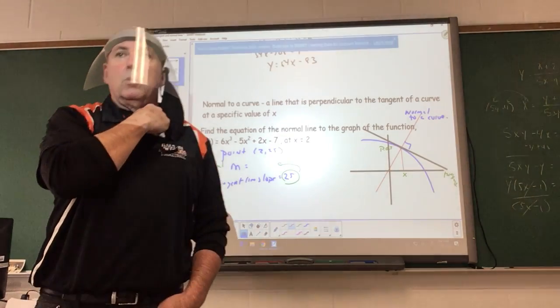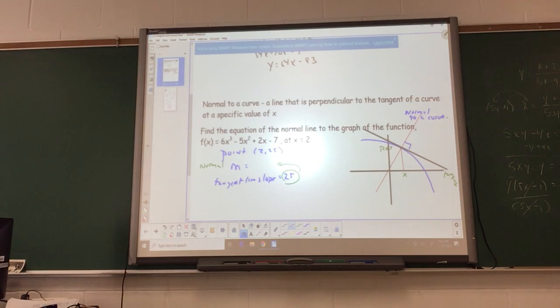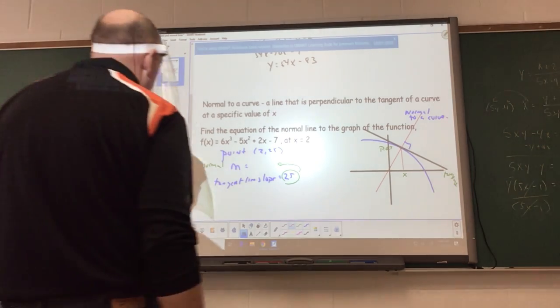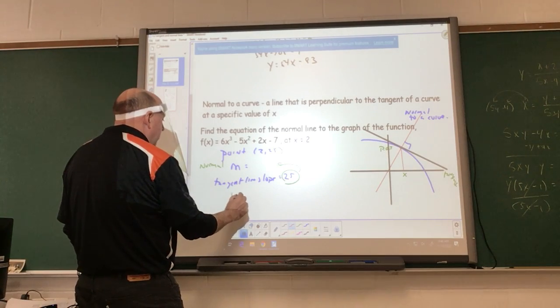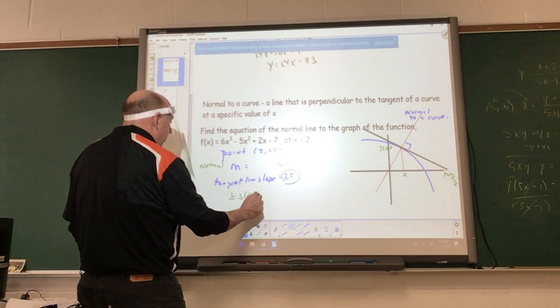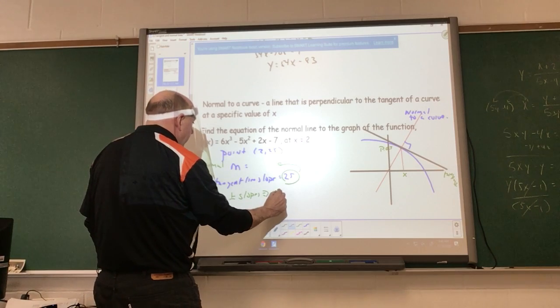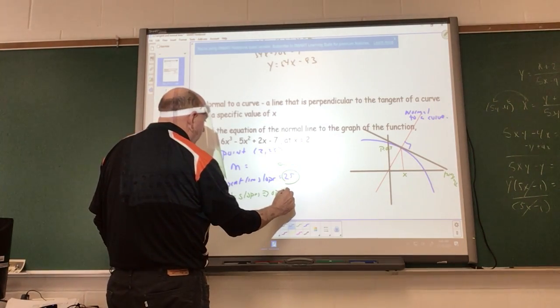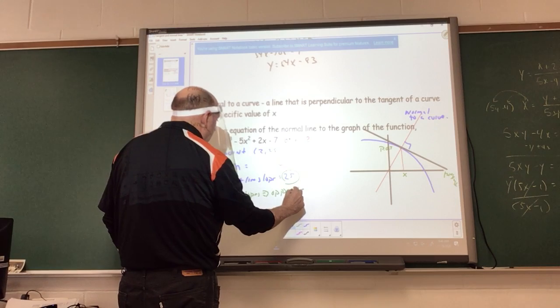How do I find my normal slope? Well, what are perpendicular slopes? Ozzy? Opposite reciprocal. They are opposite reciprocals. When you have perpendicular slopes, they are opposite reciprocals.